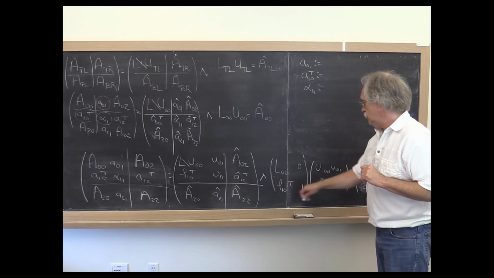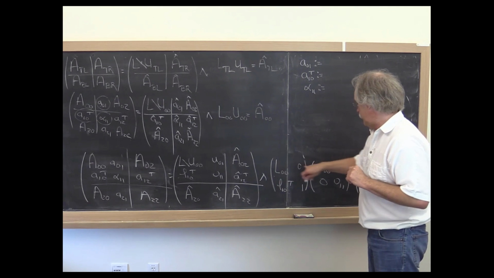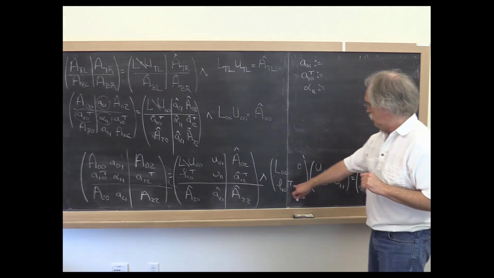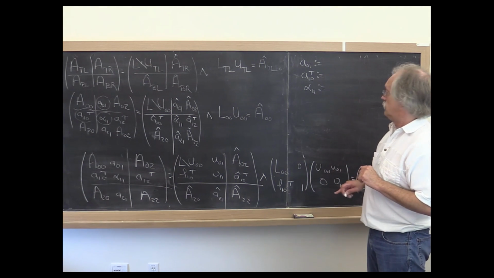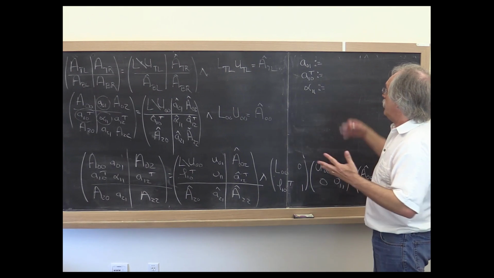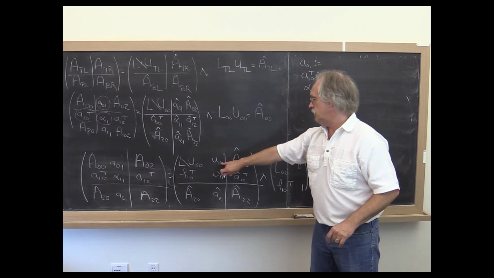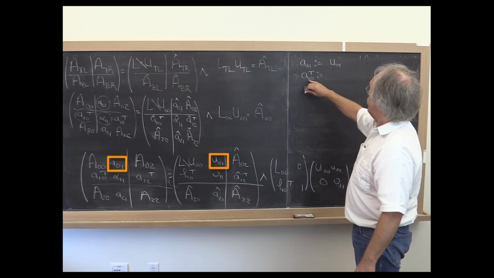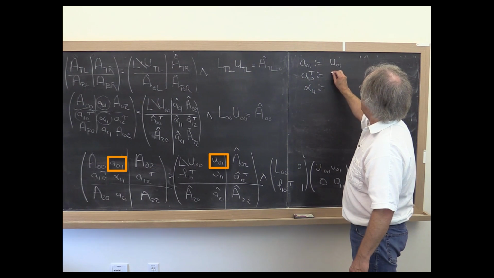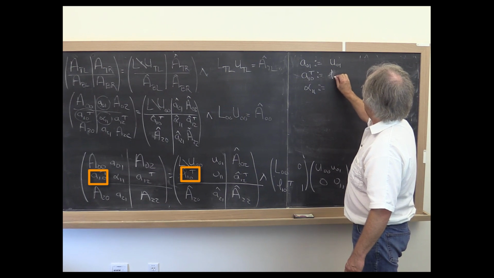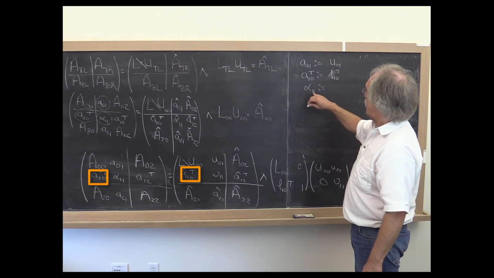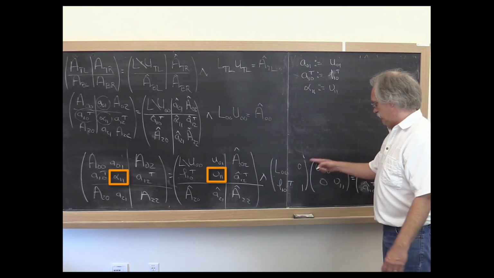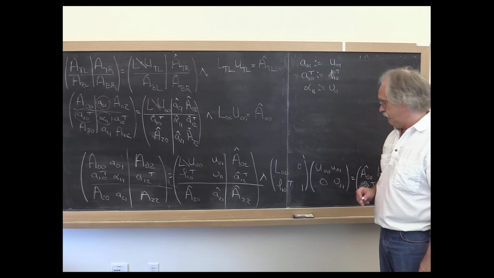Because this really relates how pieces that we already know, this, and this, relate to pieces that we want to compute. Now, we know that A01 should be updated with U01. And then A10 transpose should be updated with L10 transpose. Alpha 11 should become epsilon 11. But that doesn't help us much because we don't know what those are.